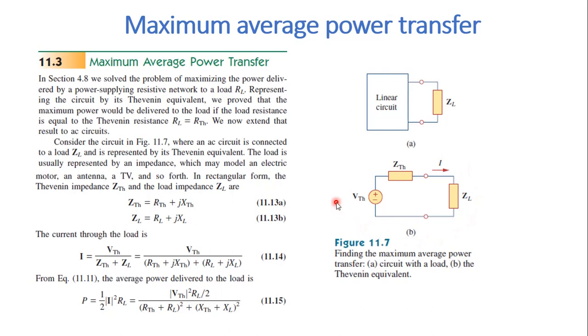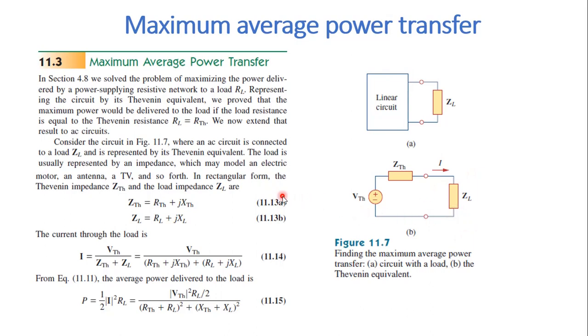Here you can see this is the Thevenin's equivalent circuit for this linear circuit. We have a voltage source with the Thevenin's voltage VTH connected in series with the Thevenin's impedance. This Thevenin's equivalent circuit is connected with the load impedance.